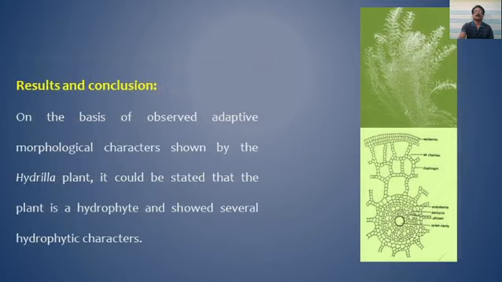In the results you have to write that on the basis of the observed adaptive morphological and anatomical characters, both, anatomical characters should be added here, it could be stated that this plant is a hydrophyte, because of all the characters: weak stem, no cuticle, presence of chlorophyll pigment in the stems, presence of parenchyma, and less developed vascular bundle.